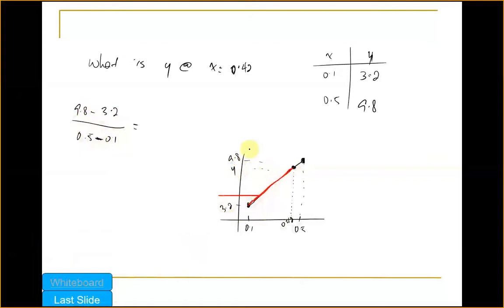Equals, and I can do the interpolation from any side. I could say this little black line, or I could say just the red line. Let me take the little black line. Slope of the black line, rise is going to be 9.8 minus what? The little black line at the top, right here. What's the slope of that line?